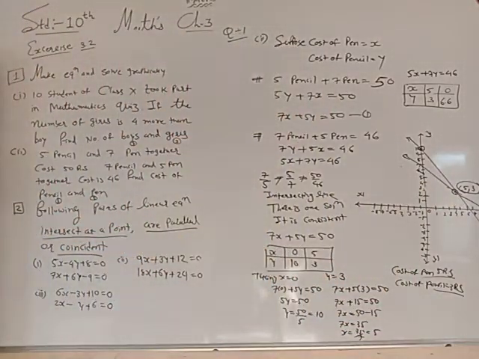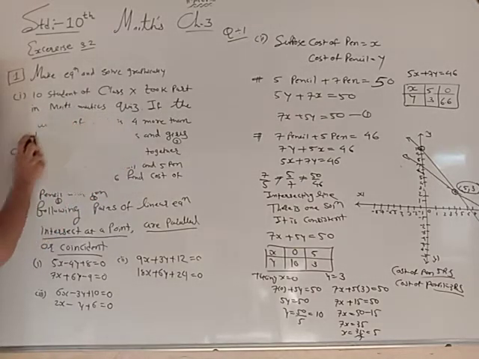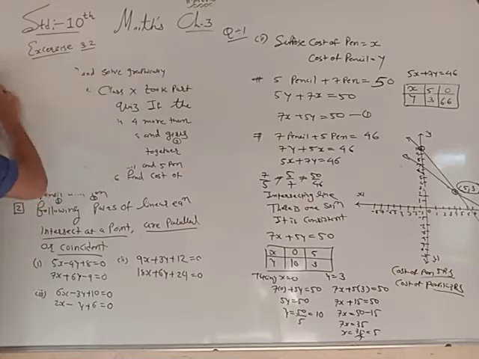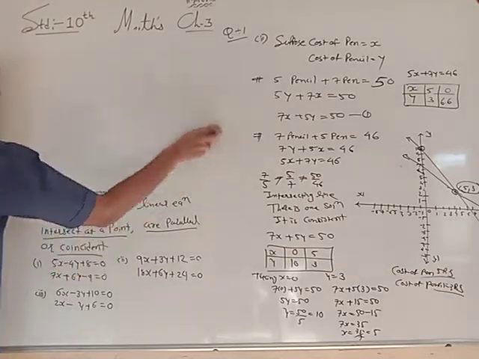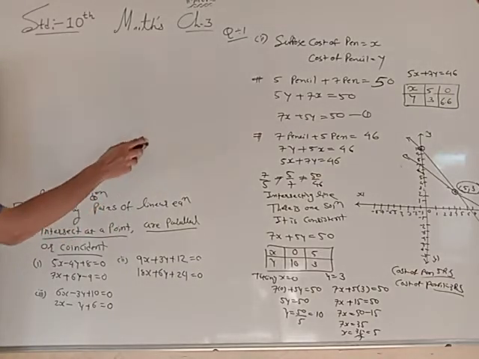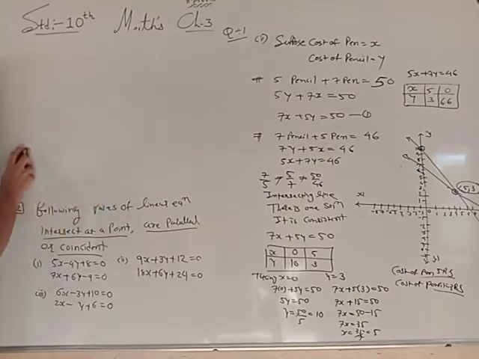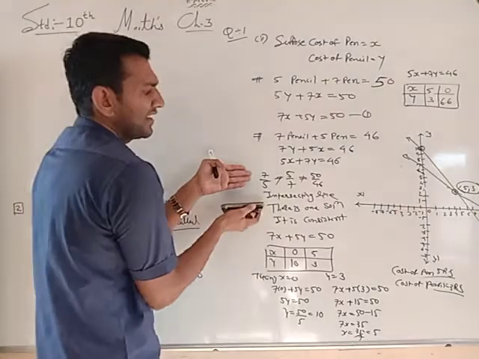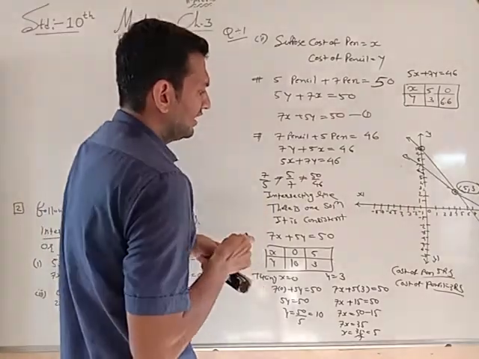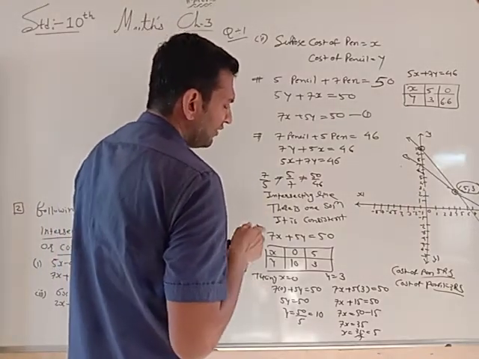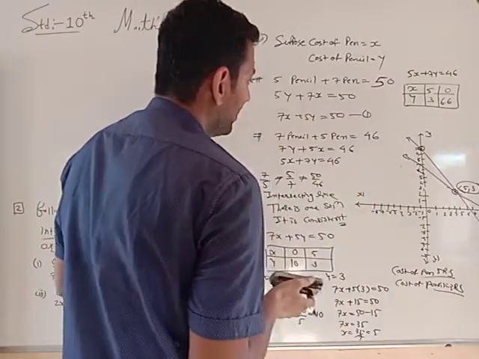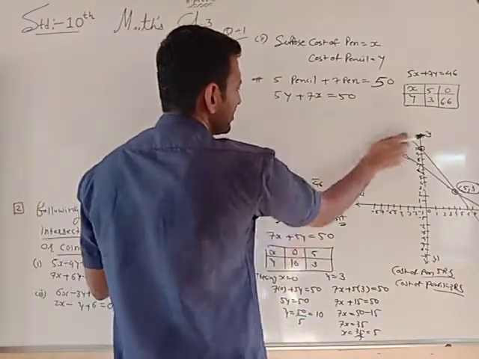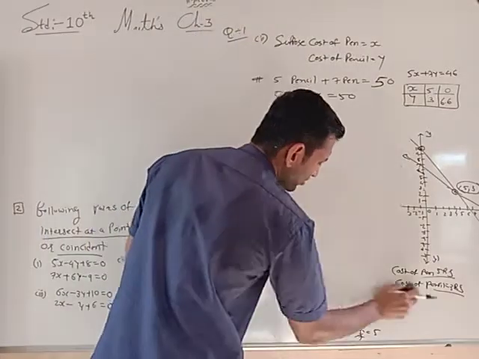Now in the second one, for the following pair of linear equations, you just have to tell which type of solution you get. How to judge which type of solution? Find the ratios. We will not solve the whole equation graphically, just interpret which type of solution we get.